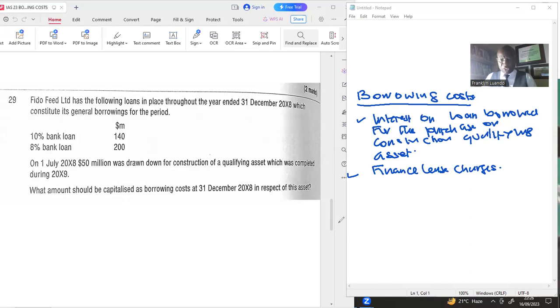And now we are going to look at what is a qualifying asset, and then I'll explain how we treat the borrowing costs. Qualifying assets are those assets that take a substantial period of time to get prepared and be ready for use or for sale. Examples could refer to: 1, construction of power station.